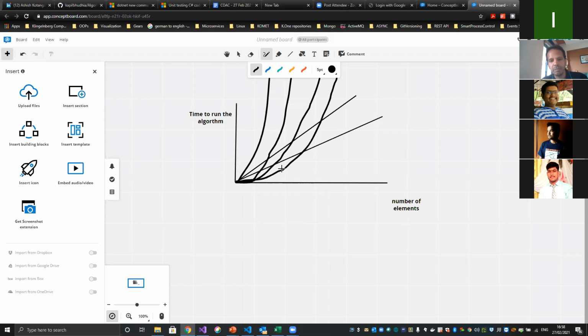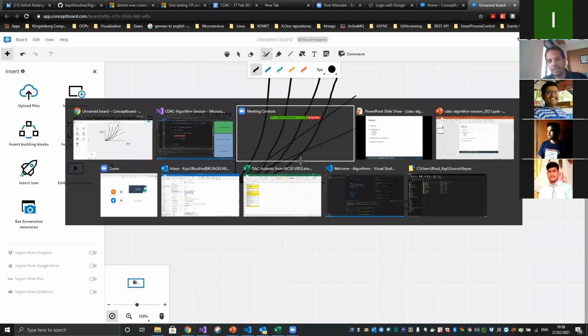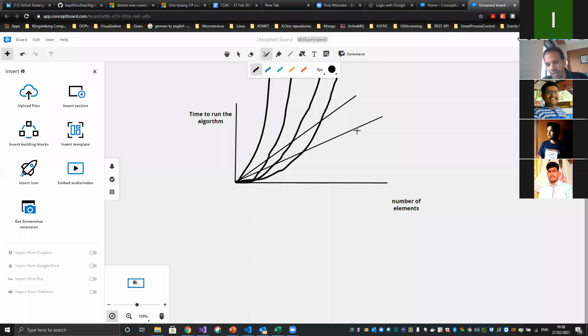Even if I'm looking at half the elements, the proportionality, just the slope, changes. Akash, you were saying you have to see all the elements. That's not necessary. When I look at all the elements, let's say the graph looks like this. When I look at half the elements, the graph would probably look like this, but both are still straight line graphs.